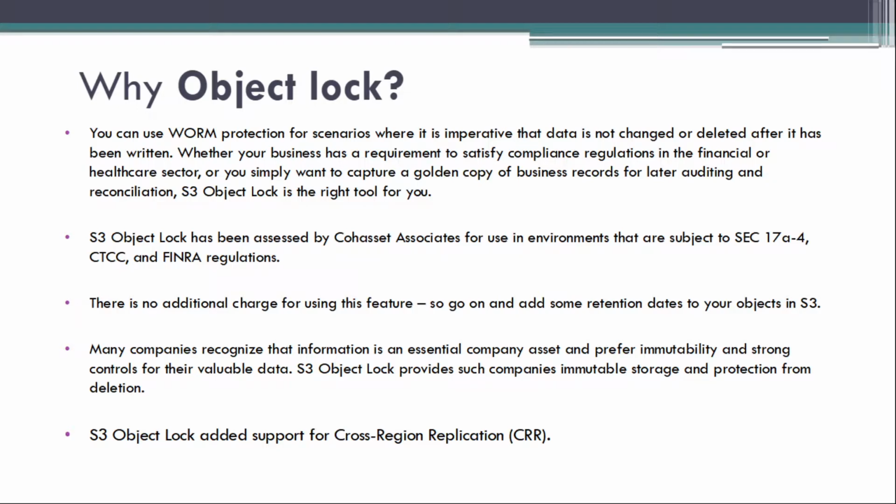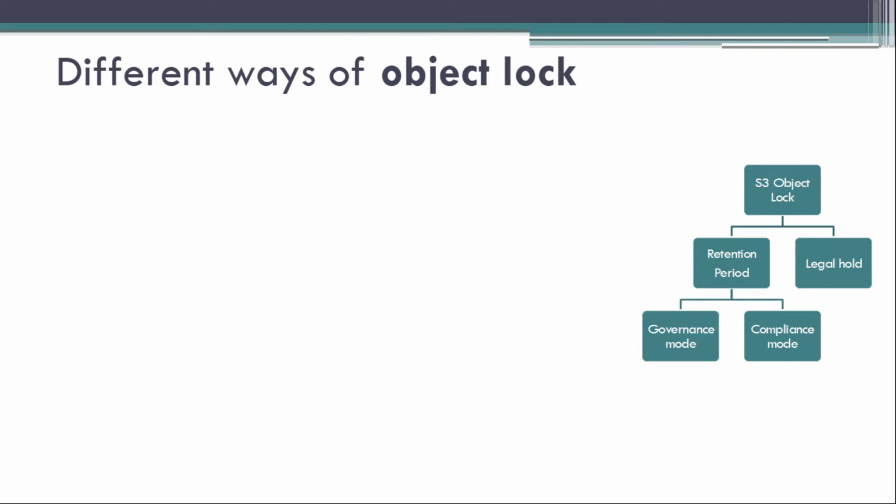S3 Object Lock added support for cross-region replication. So for any compliance reason, or if you want to add some security, you can use object lock. It is a free feature, there is no additional charge, and you can enable it only at the creation of the bucket.